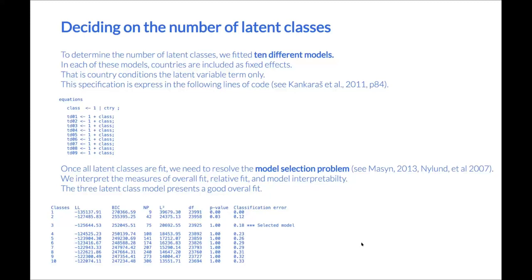So in our case, we fitted different models from 1 to 10 latent classes, and then we compared the fit indexes of these different model choices. The main feature that led us to select the 3 latent classes is that the overall fit was good enough to represent the response patterns.